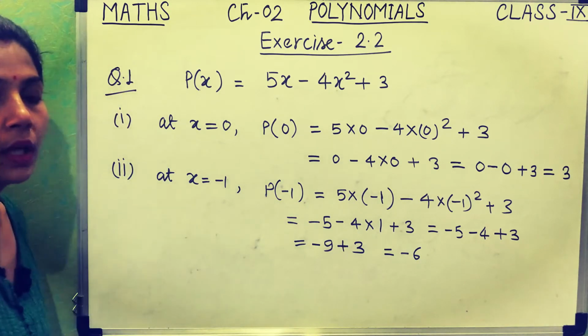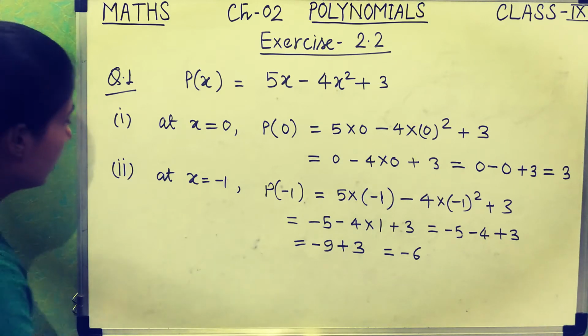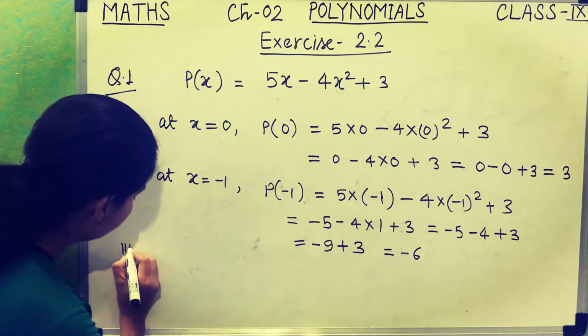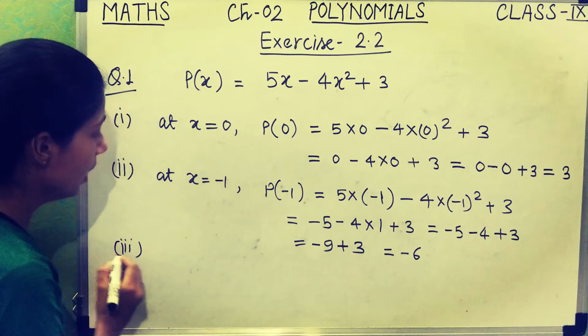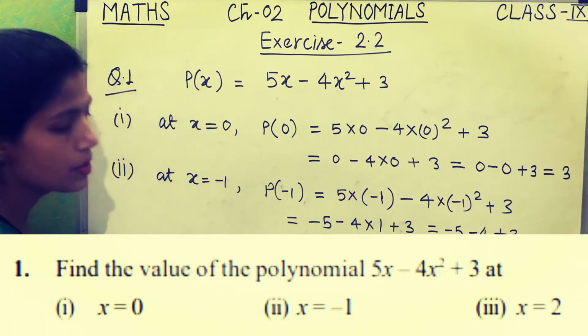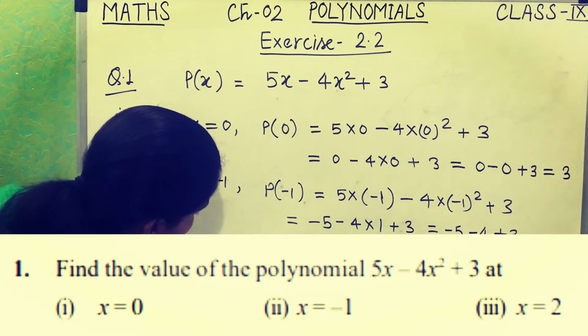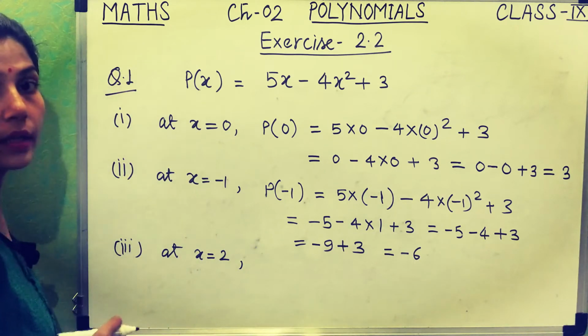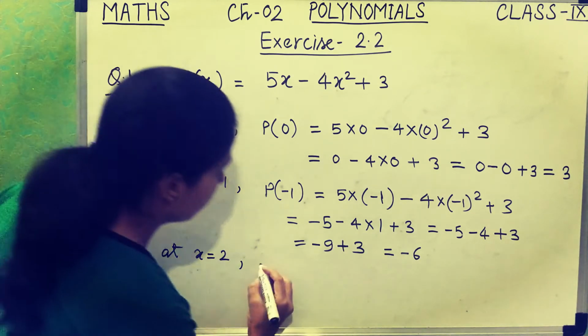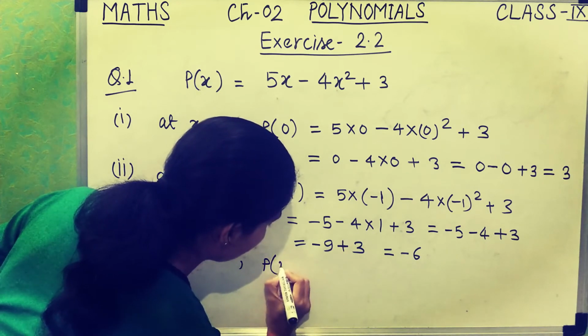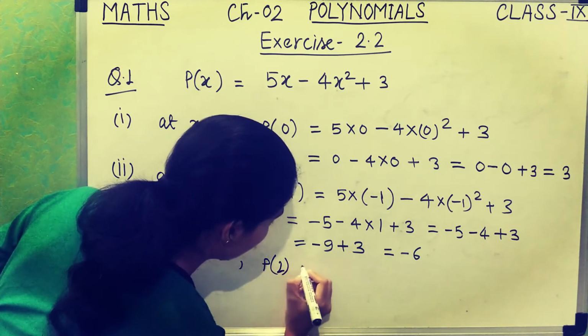Okay, now the third part, at x equals 2, you have to find the value of the polynomial at x equals 2. So in place of x we have to put 2.